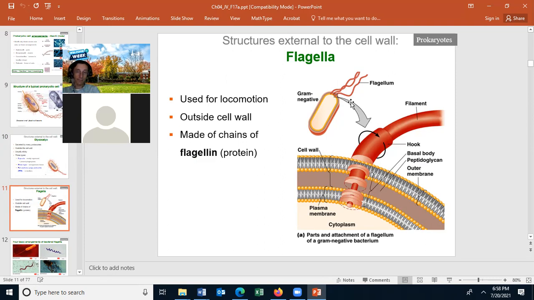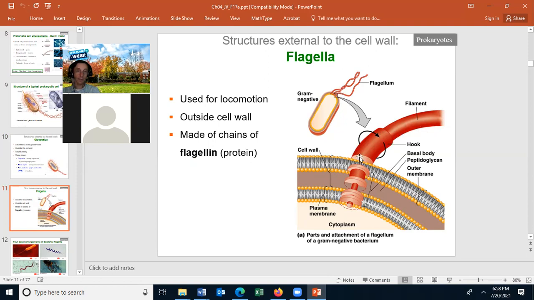Because the flagella is the only structure that prokaryotic cells have to allow them to swim or move in a liquid media. So the flagella is used for locomotion, and it's made of the flagellin protein to make the flagella, which this portion is called the filament.